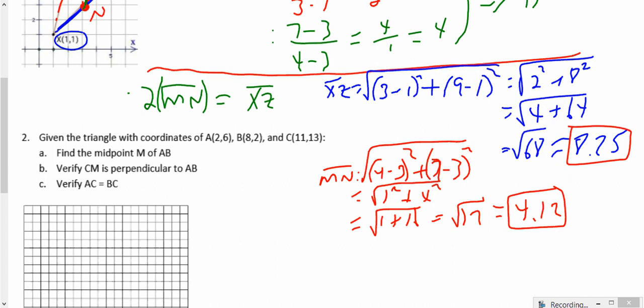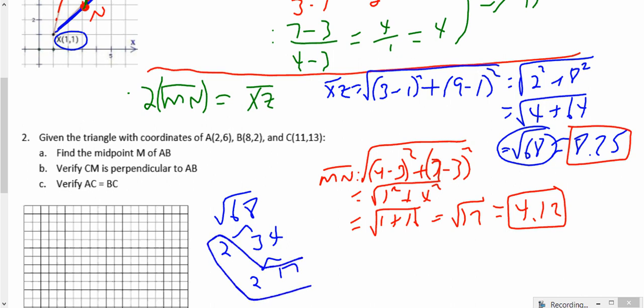Now, if you remember, there's one other way to do this when it comes to radicals. You can simplify a radical sometimes. So if we take this one, root 68, and simplify that, if we break that down, this is a way to simplify a radical. If I divide by 2, it's upside down division here, I get 34. If I divide that by 2, I get 17.